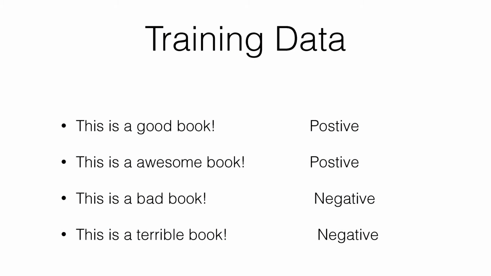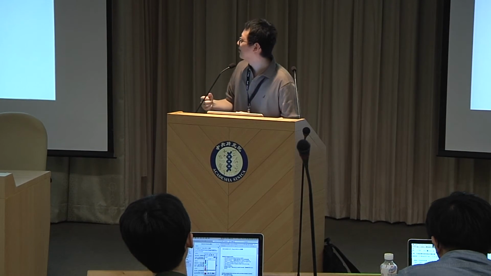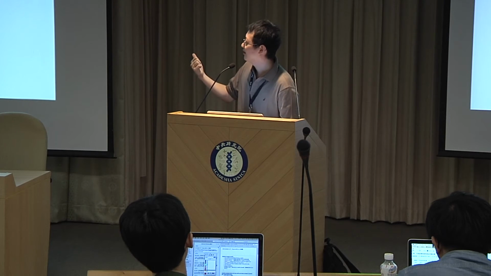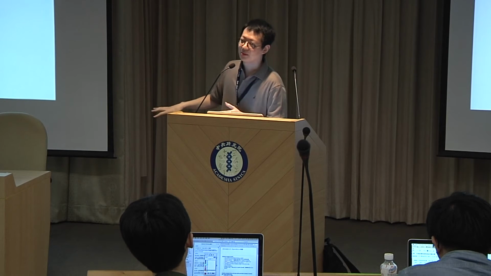For example, for our training data, we originally collect the data from Amazon's product pages, and you get 4 sentences. This is a good book. This is an awesome book. This is a bad book. This is a terrible book. Then you can label those 4 sentences on your own, or find other people to help you.